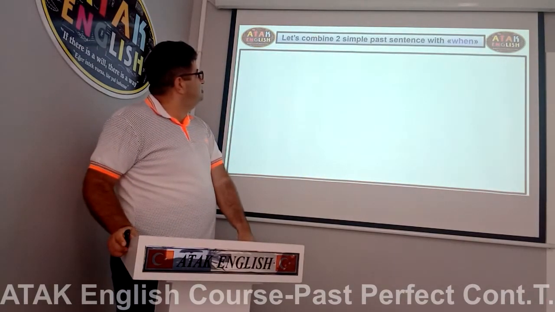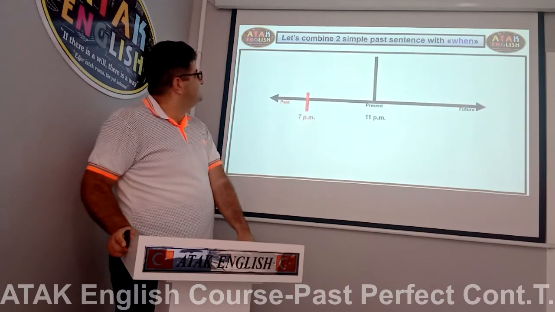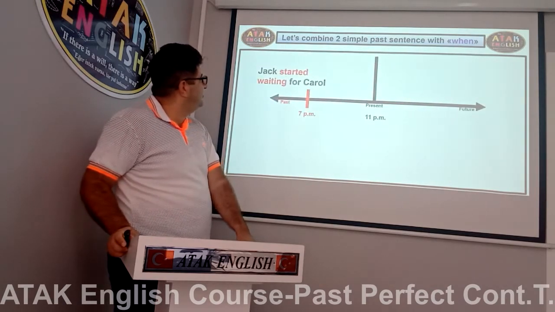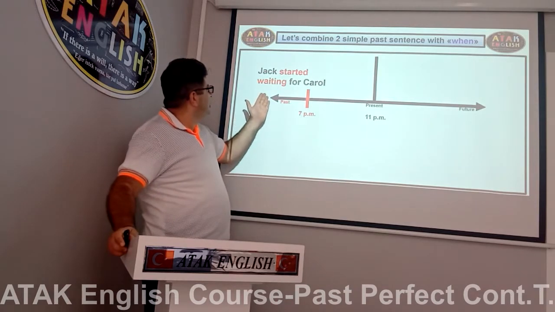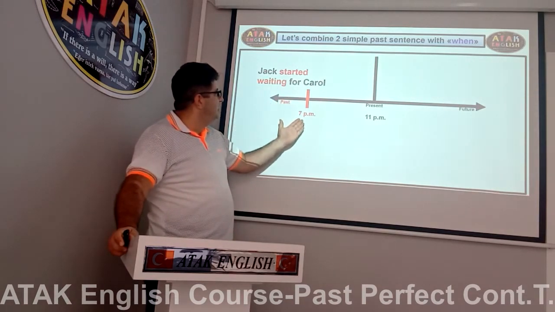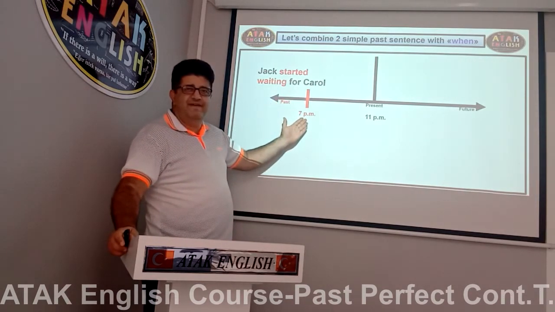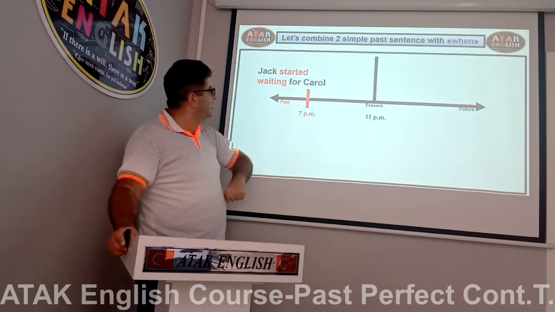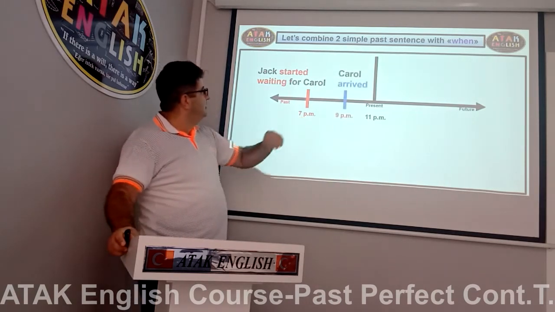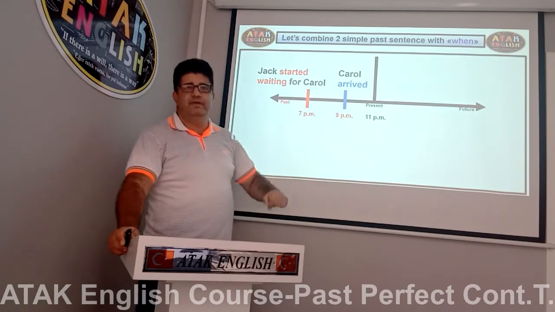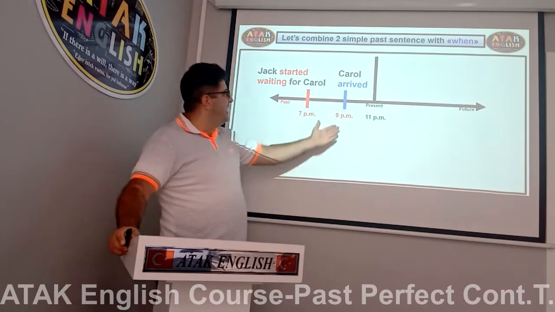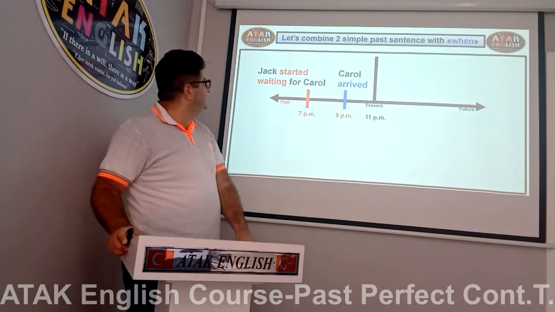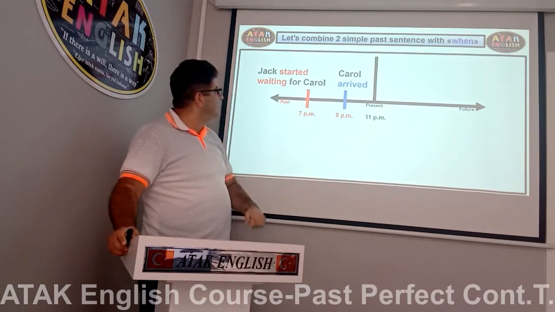Let's combine two simple past actions with when. Jack started waiting for Carol, let's say at 7 p.m. sharp. Carol arrived at 9 p.m. at the meeting place to meet with Jack.